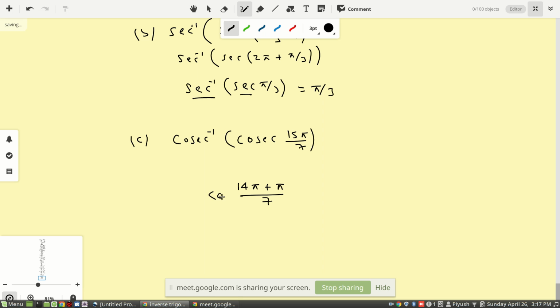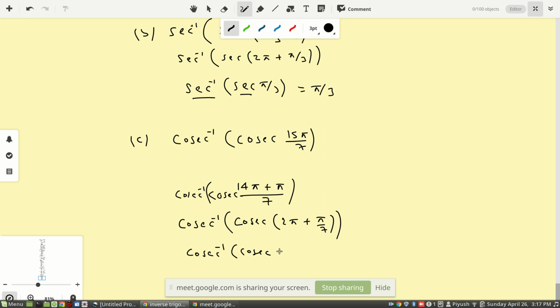If we separate it, this will be cosec of 2 pi plus pi by 7. Now 2 pi plus theta means nothing is changing, because in the first quadrant the sign is also positive. So cosec inverse of cosec pi by 7, and the final answer will be pi by 7.